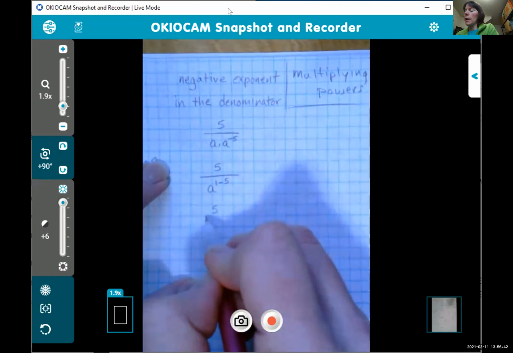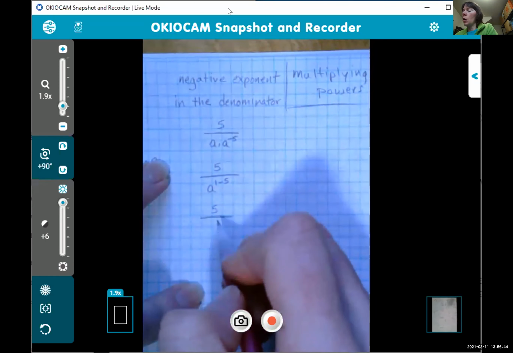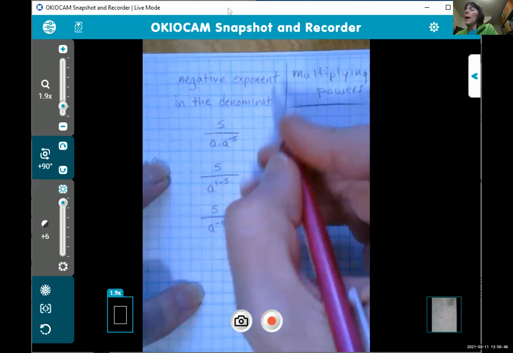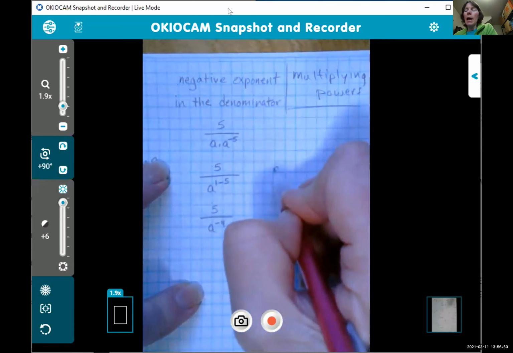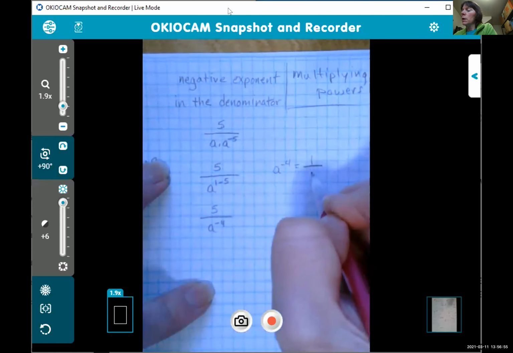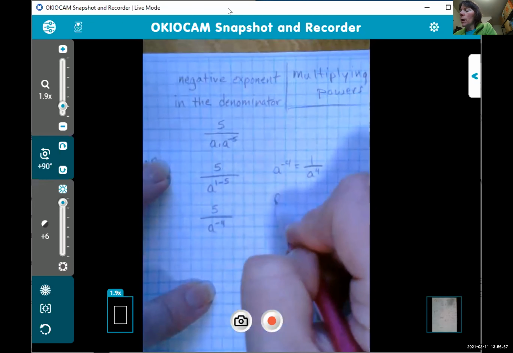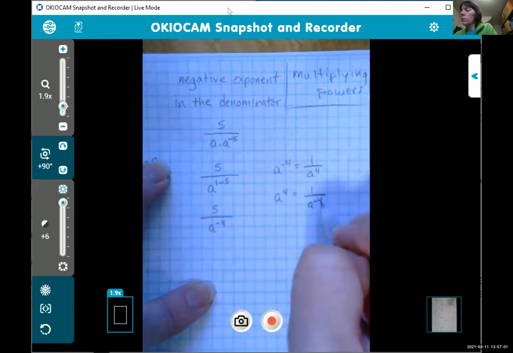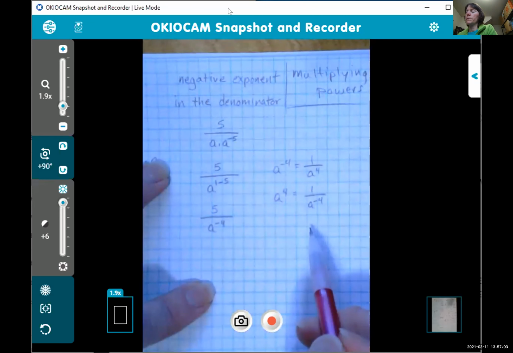So then we can go to the next step, 5 over a to the negative 4. Right? And we happen to know that a to the negative 4 is equal to 1 over a to the 4. And a to the 4th is equal to 1 over a to the negative 4th. Those are both true statements.